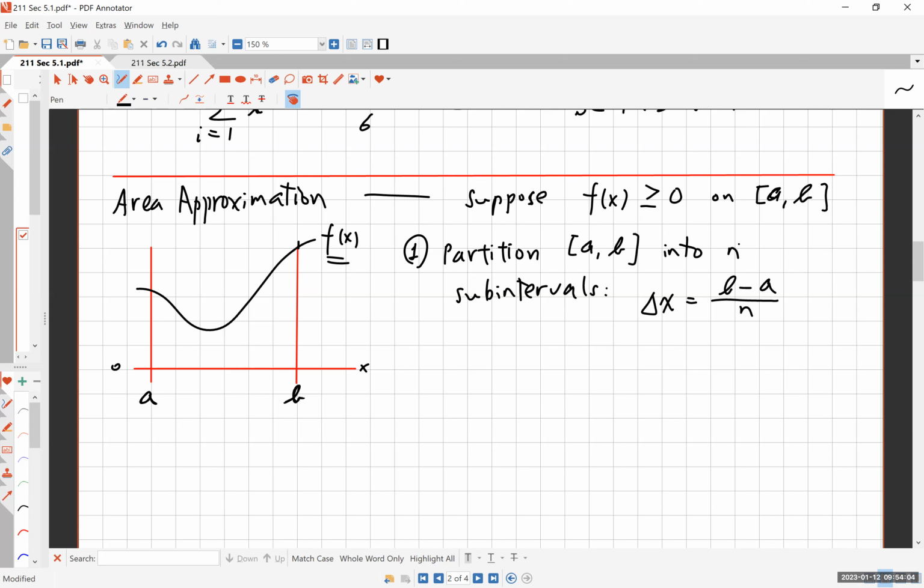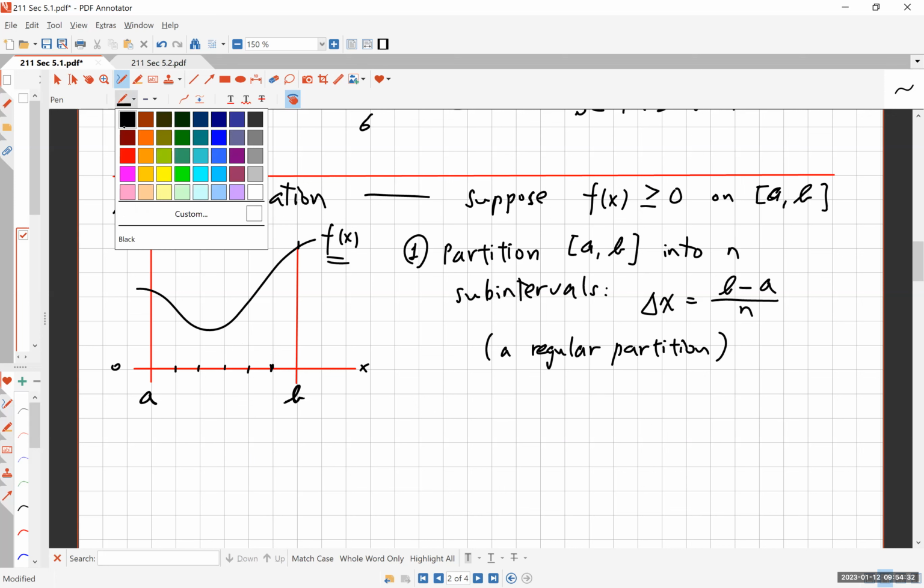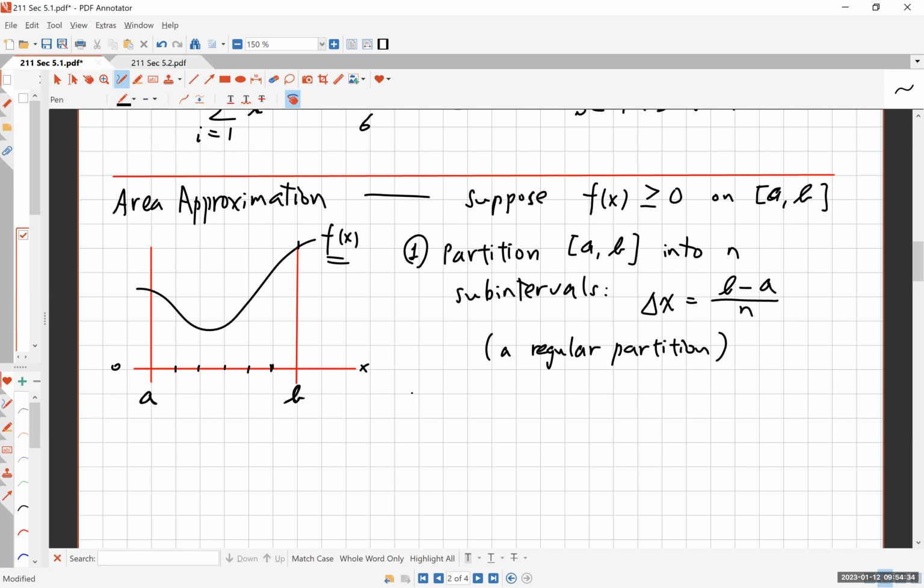That makes sense because the length is b minus a, and if you divide this into n equal subintervals, each is going to have length delta x, which is b minus a over n. This is called a regular partition, you don't really need to know this, where each subinterval has the same length. All right, so that's a start.